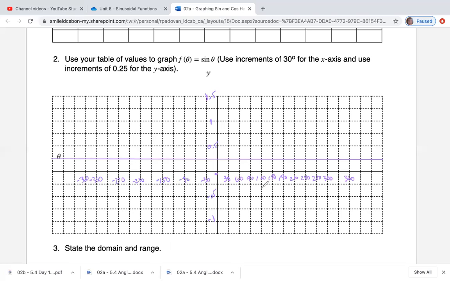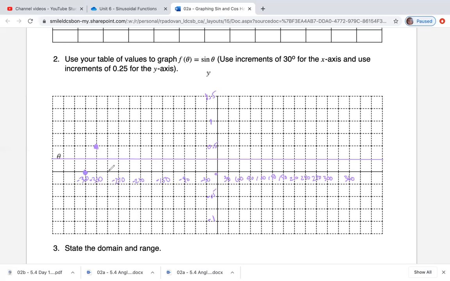So if I graph it, I'm going to have a dot at 0 and 360. That's one coordinate point. And then at 330 and 0.5. And then 300 and 0.9.